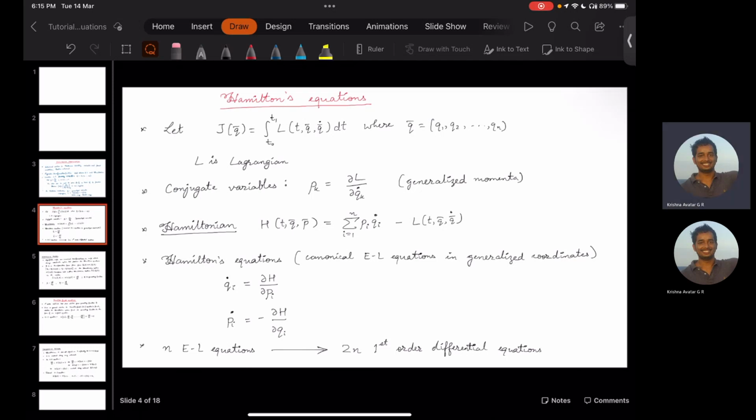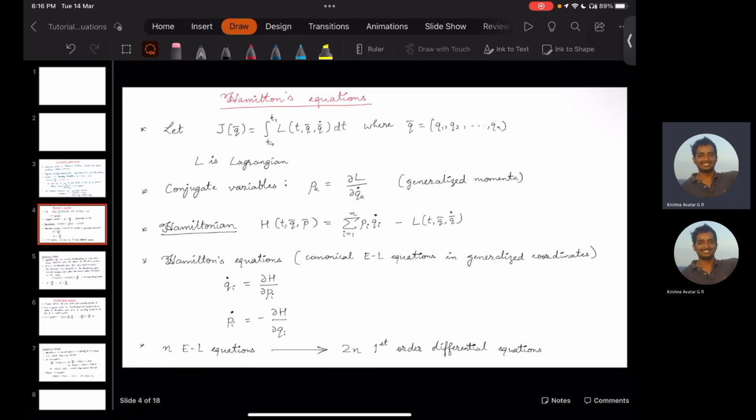We can then derive Hamilton's equations, which are also the canonical Euler-Lagrange equations in generalized coordinates, as Qi dot equals the partial derivative of H with respect to Pi, and Pi dot equals minus the partial derivative of H with respect to Qi.